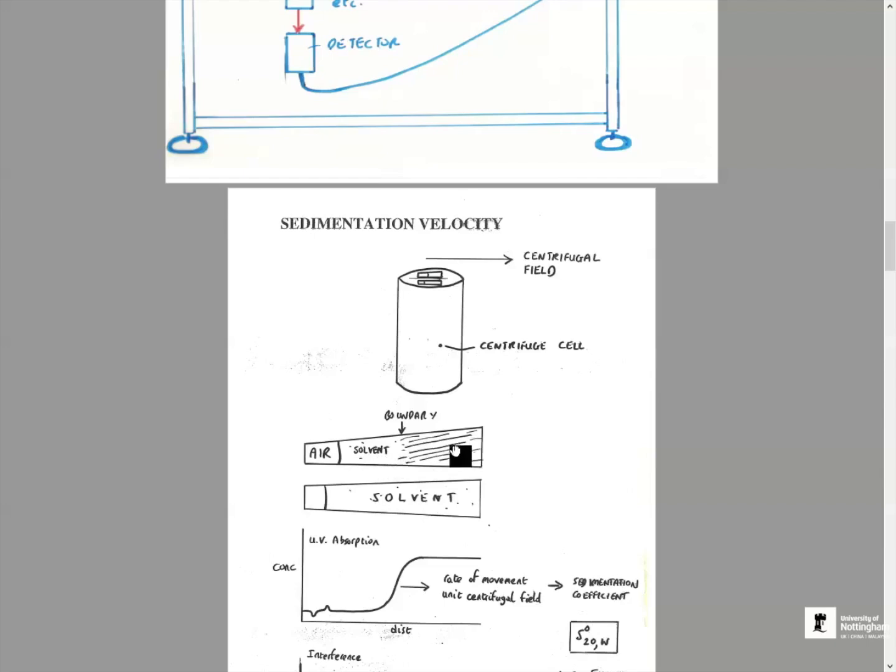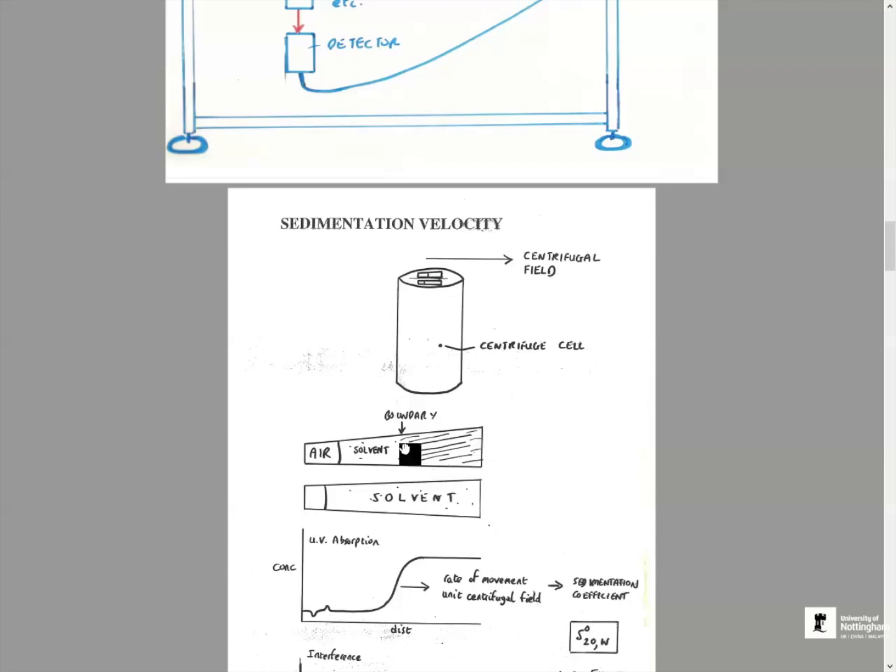And this is your, say, protein solution or whatever it is. You can see that there's a region of clear solvent left behind as the material moves towards the bottom of the cell. So as time progresses, this solvent solution boundary will move towards the bottom.